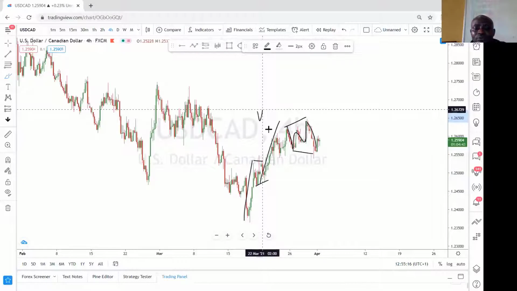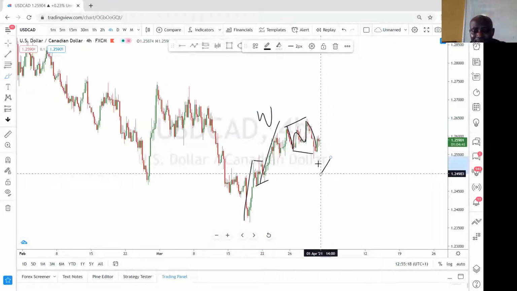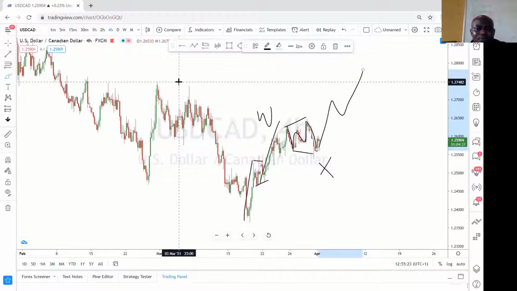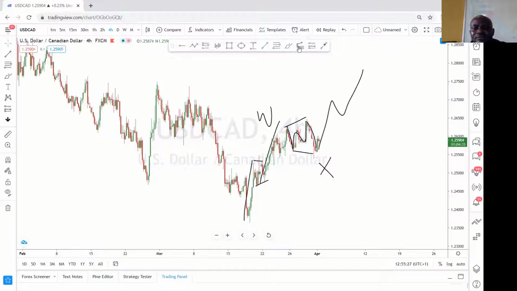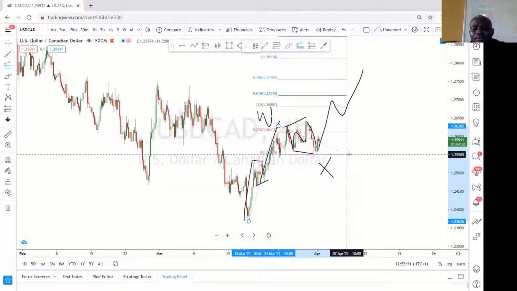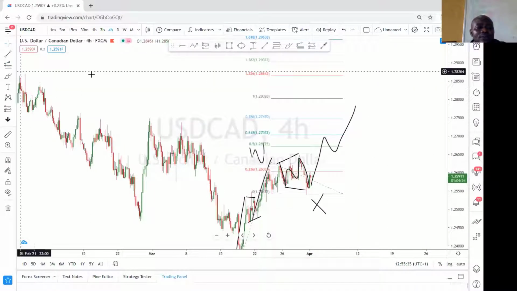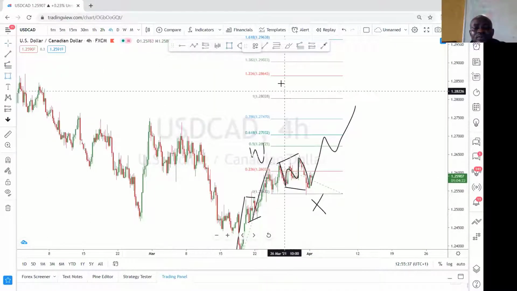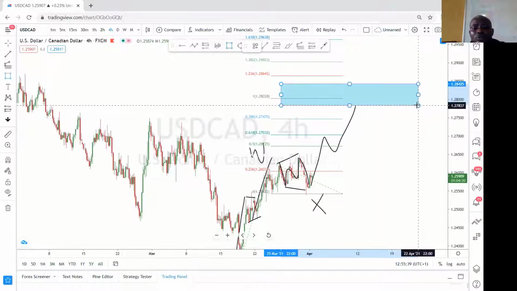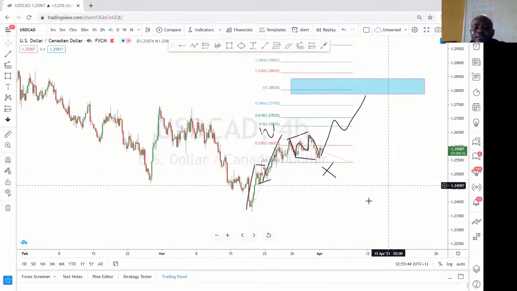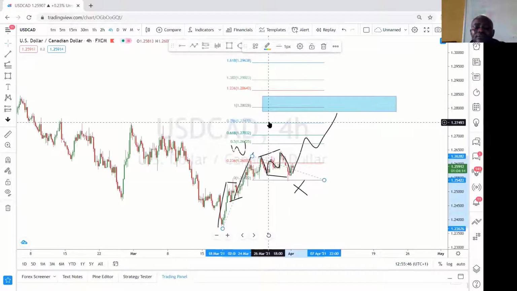So this is W, this is X. What are you expecting next? 1, 2, 3, in the size of that one, from here to here, back to here. Where is the 100% retracement? We expect this guy to turn here. Theoretically, we expect it to turn at that level.